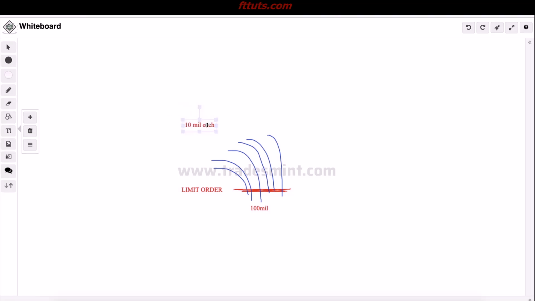Basically, what's happening here is this limit order is being filled each time somebody's market shorting down into the support. Once this limit order is filled, okay, price is going to now move in the opposite direction, because there will be more buyers than sellers, because once this limit order is filled, it becomes an open order in the market, right? Once the limit order gets filled, this becomes an active order in the market.